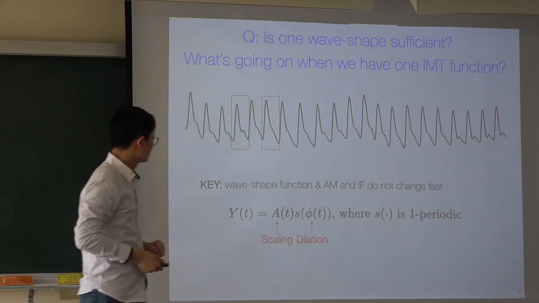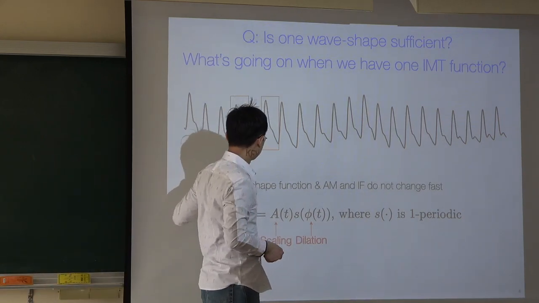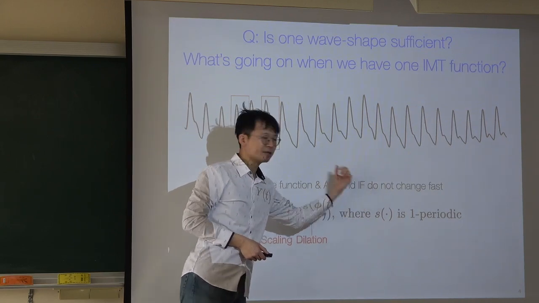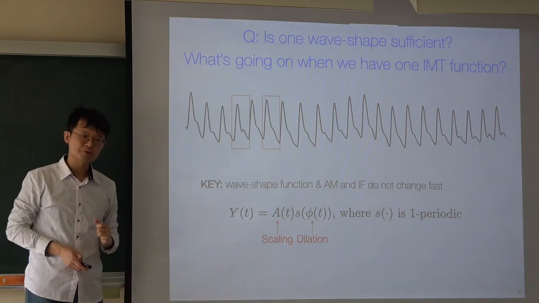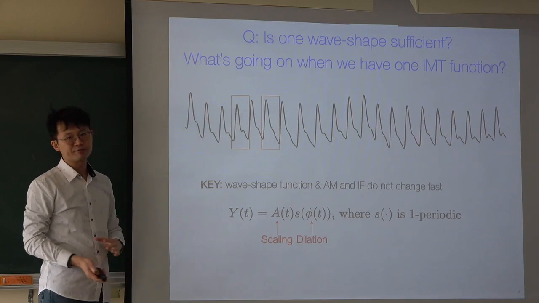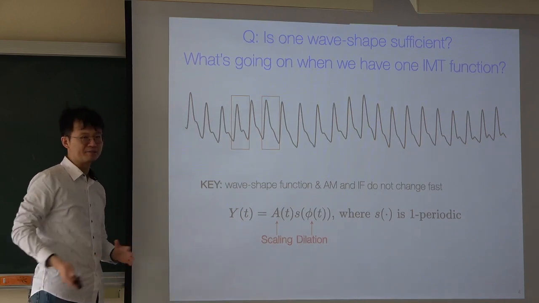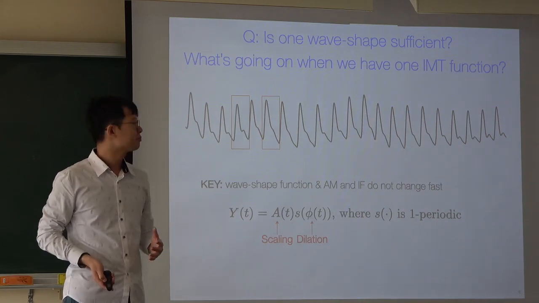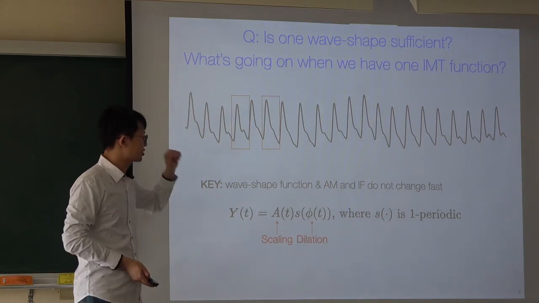But in the previous model, we need the amplitude modulation function and instantaneous frequency to not change fast. If they change fast, then we lose the identifiability, and the algorithm may have some troubles. So this is the first observation.